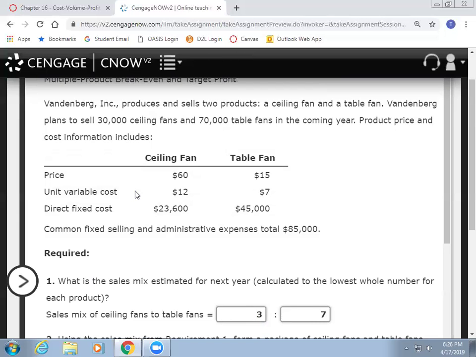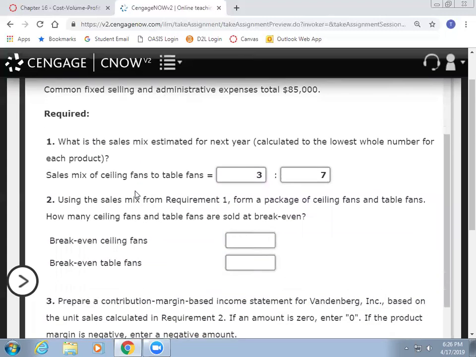We use the sales mix to find a total contribution margin for the whole package, so I add those together. It's a nice even 200. That 200 is my package contribution margin. That's always the first step. Any questions on that?